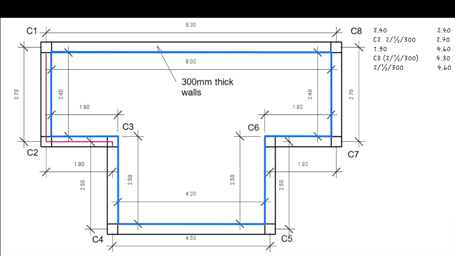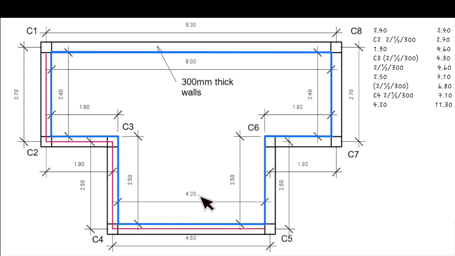Okay, let's move on. From the base of C3, we have to travel 2.5 meters less 2 by 1/2 by 300 to the top of corner C4. At C4, we need to go round the corner, so we add 2 by 1/2 by 300. We now head for the left side of C5, so we add 4.2 meters.